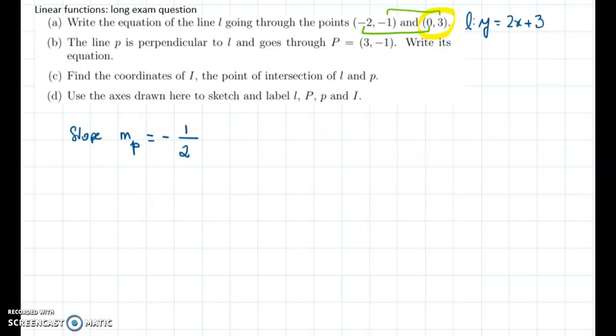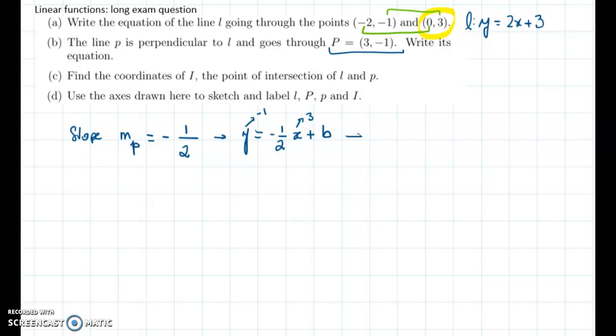So far we know that our line P has equation y equals -1/2 x plus b, and we need to find the value of b. B is the y-intercept, but we do not know what is the y-intercept. We know that the point P is a point of the line, so that means that when x takes the value 3, then y has to take the value -1, because I have here the point P being 3, -1.